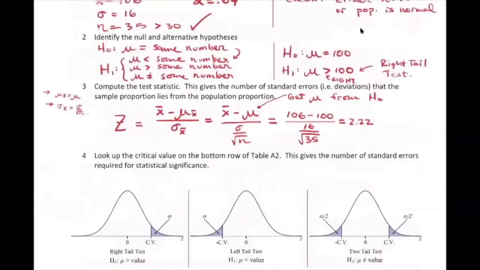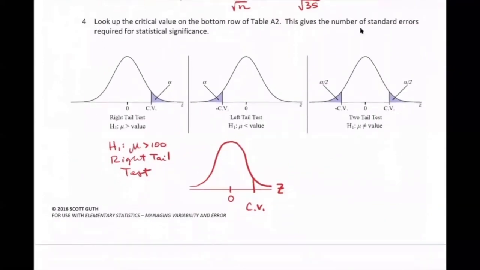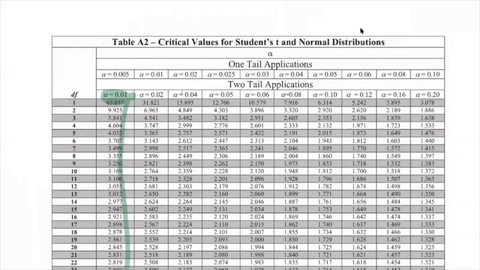So with 4% significance, we're supposed to look this up on table A2, bottom row. Let me grab that and erase what I did before. It's 4%, and it's a one-tail test. So 0.04 is right here, and then all the way down to the bottom row.